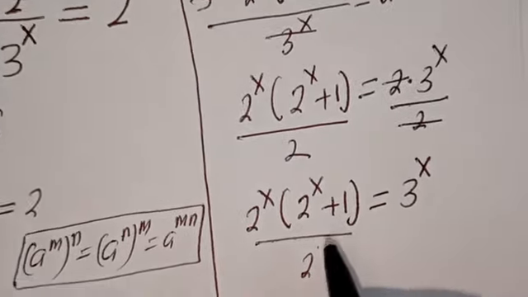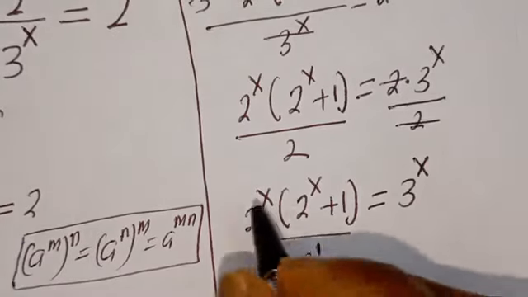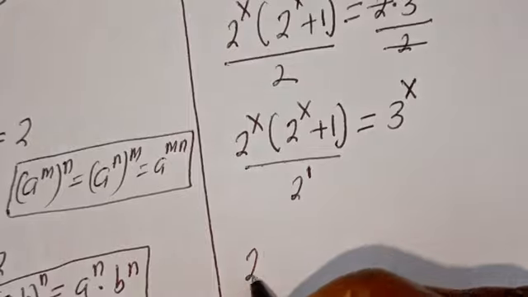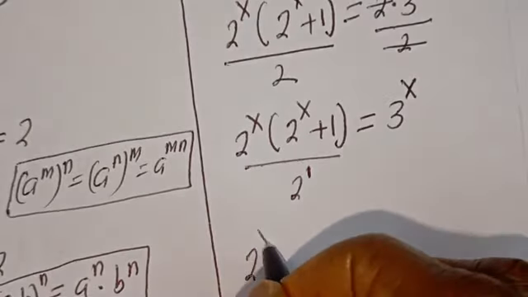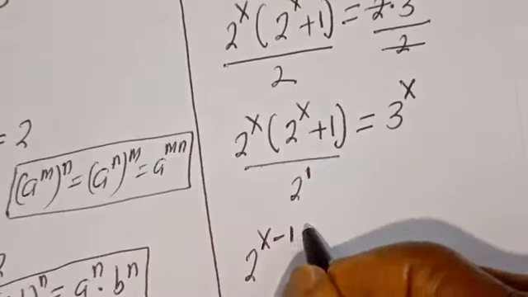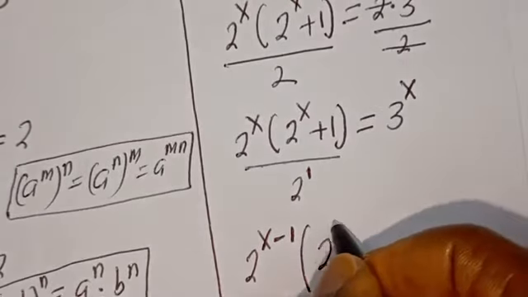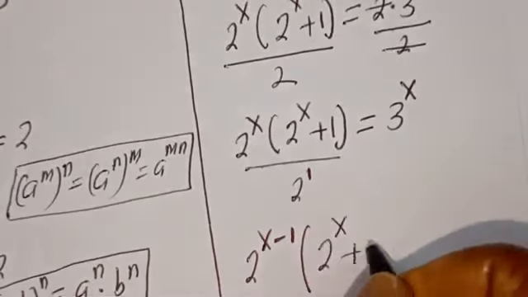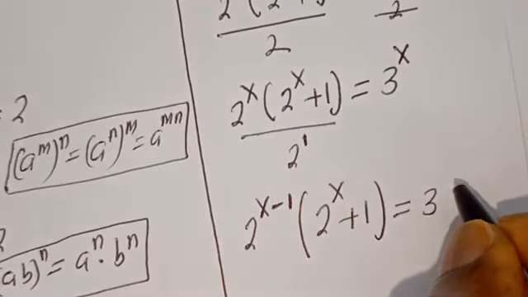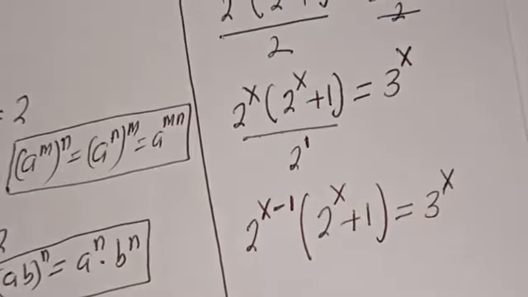But this 2 is the same thing as 2 to the power of 1. So this can be written as 2 to the power of x minus 1 bracket 2 to the power of x plus 1 is equal to 3 to the power of x.